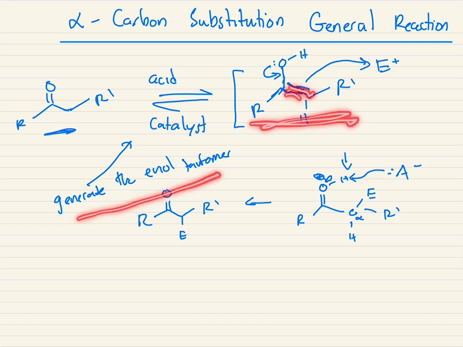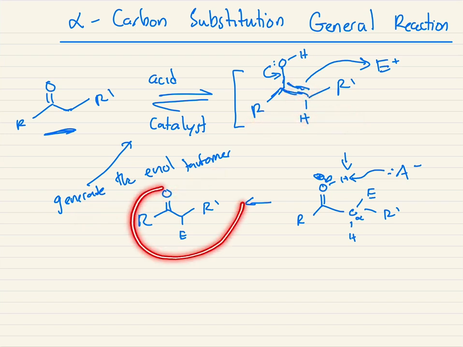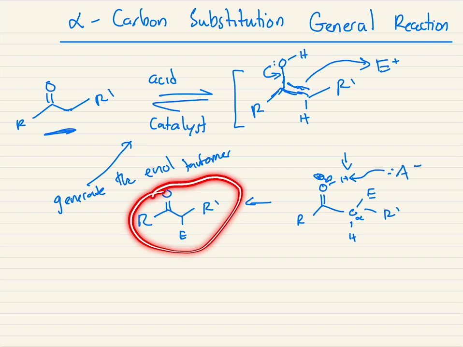And then through the mechanism of reforming the keto tautomer with the addition of base, we generate again our ketone or carbonyl compound. Right, so that's why this is a substitution reaction, because we're substituting one of the hydrogen positions here. And so this is the general mechanism for the alpha carbon substitution reaction.